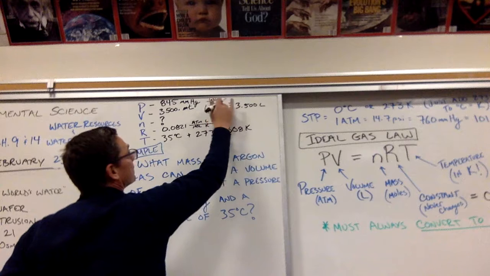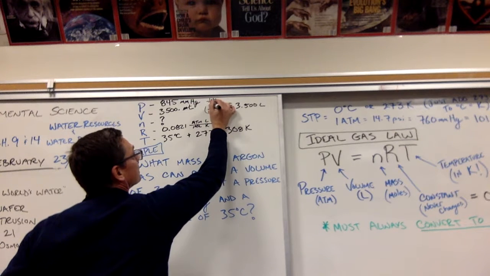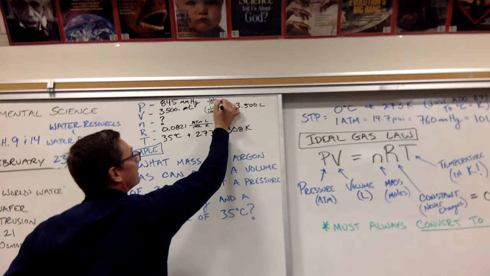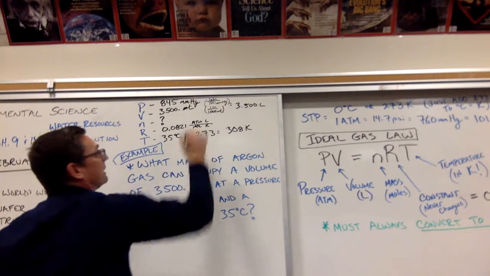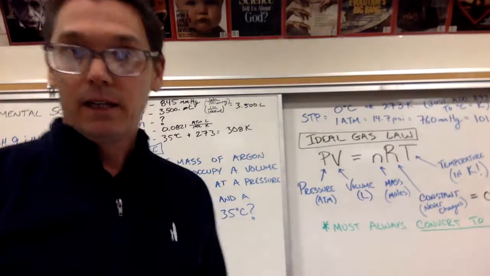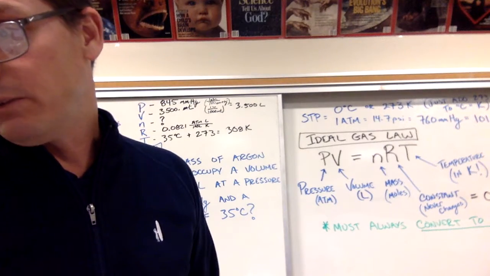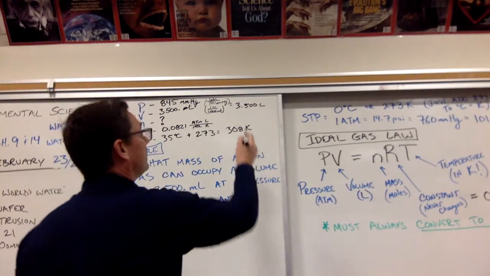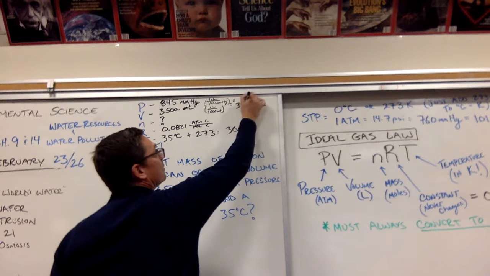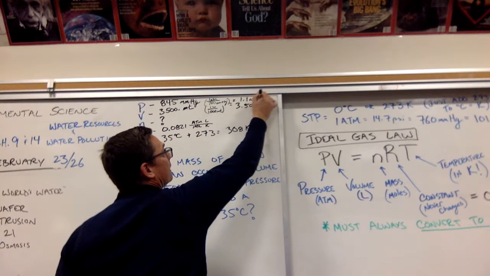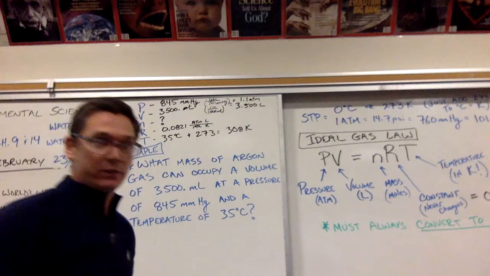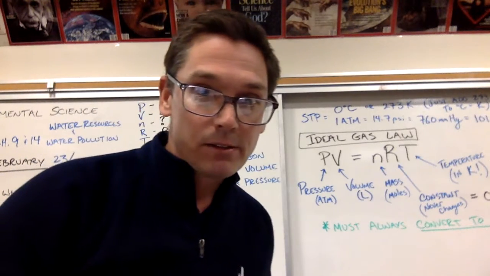So we can put 760 millimeters of mercury, right? We can cancel out the millimeters of mercury, and if we use our calculator, we plug that in, we're going to get to about 1.1 atmospheres of pressure.